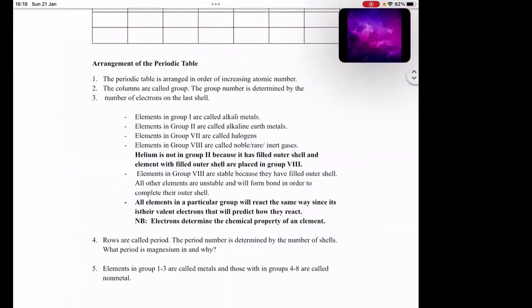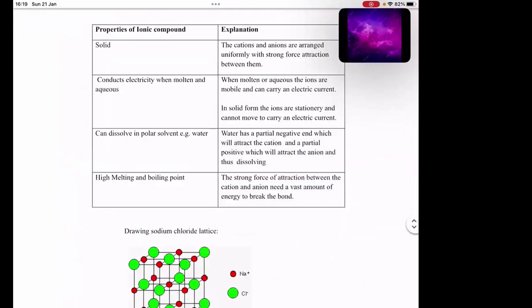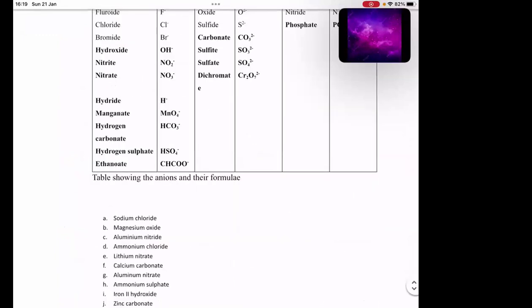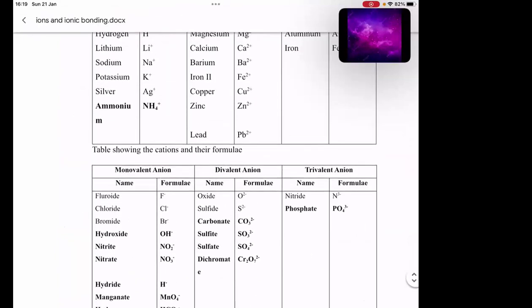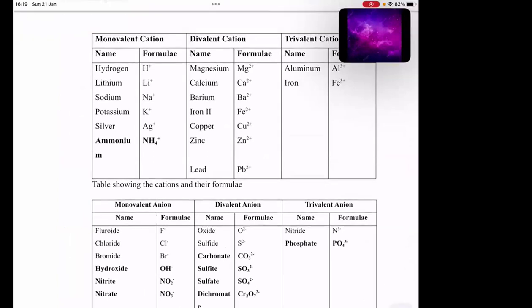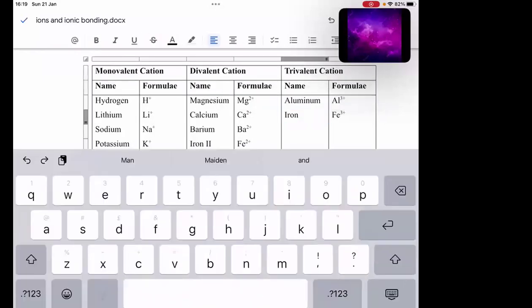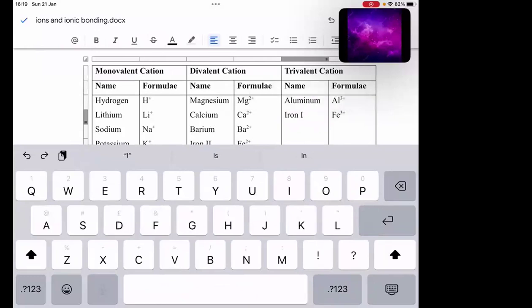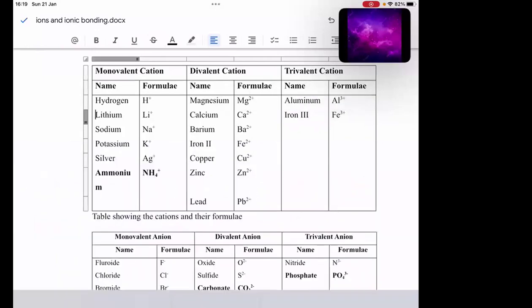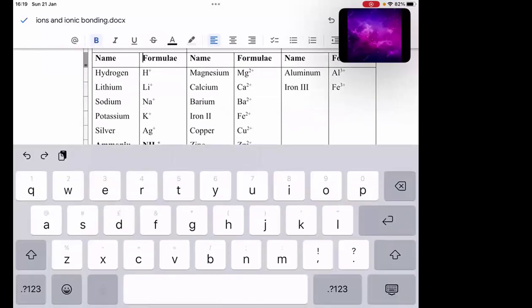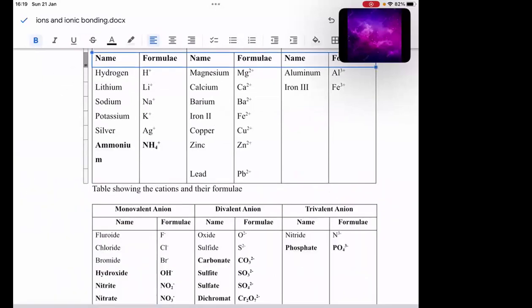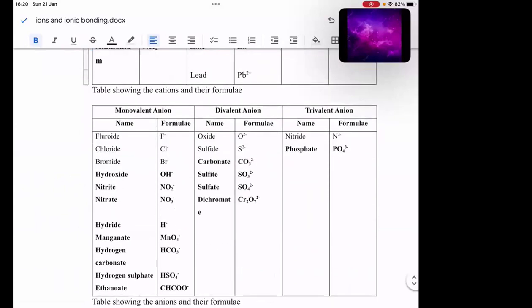All right, so these are the ions, this is what I gave last week. Let me edit this. I realized yesterday that the iron 3 is not there. So if you don't have this, you can just take a quick screenshot. This is iron 3. And then I have placed the polyatomic ions in bold, so we're able to see that.